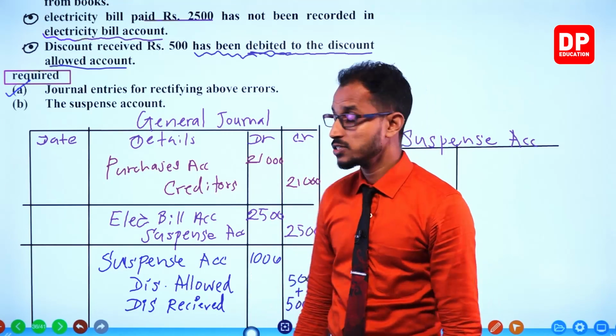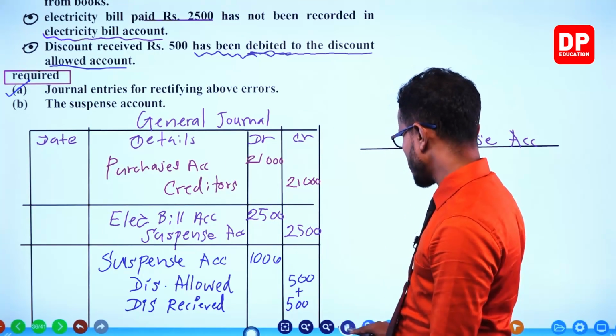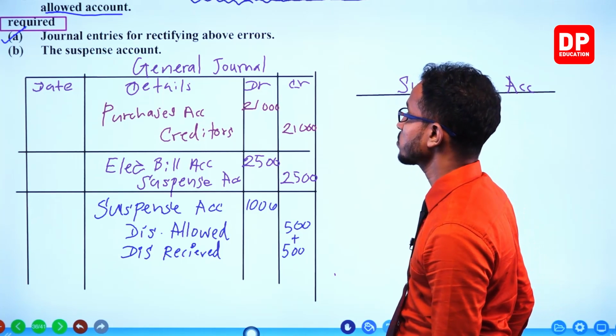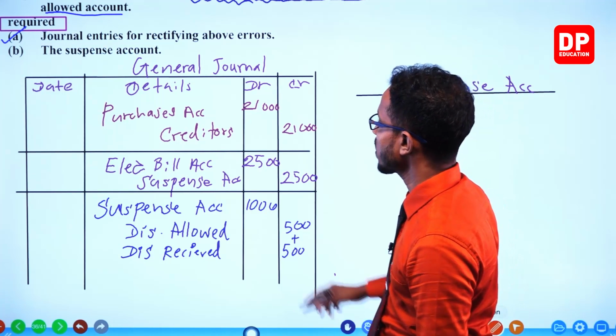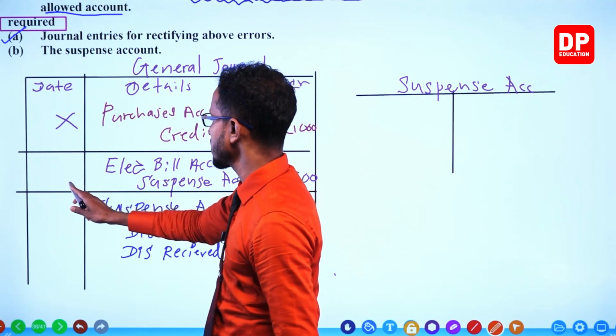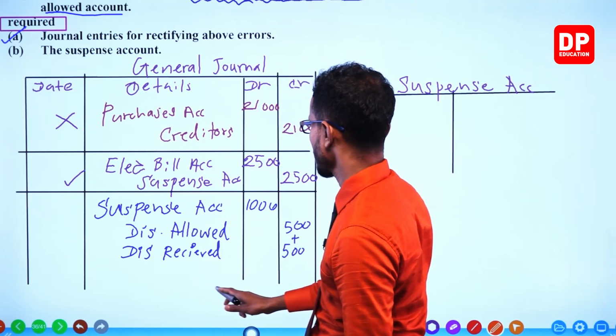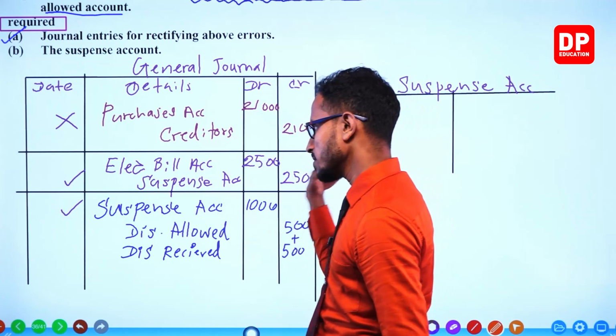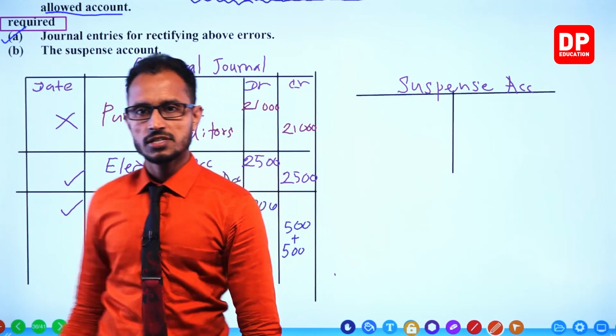Let's do it. Which entries were actually entered to the suspense account? This one, no suspense account. This one, suspense account is there, it's credited. This one also has the suspense account, it's debited. Enter those entries to the suspense account.